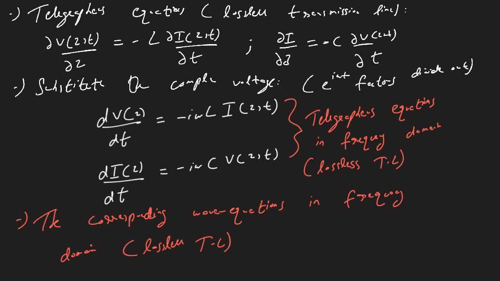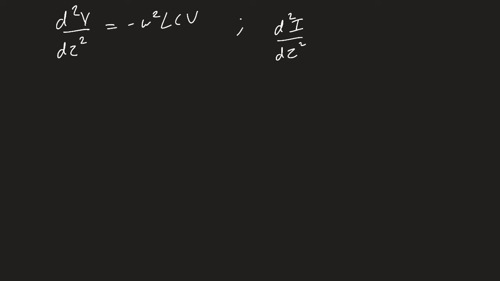It's very easy to show that d2V by dz squared becomes equal to minus omega squared LC times the voltage, and the second wave equation becomes d2I by dz squared equal to minus omega squared LC times the current I.